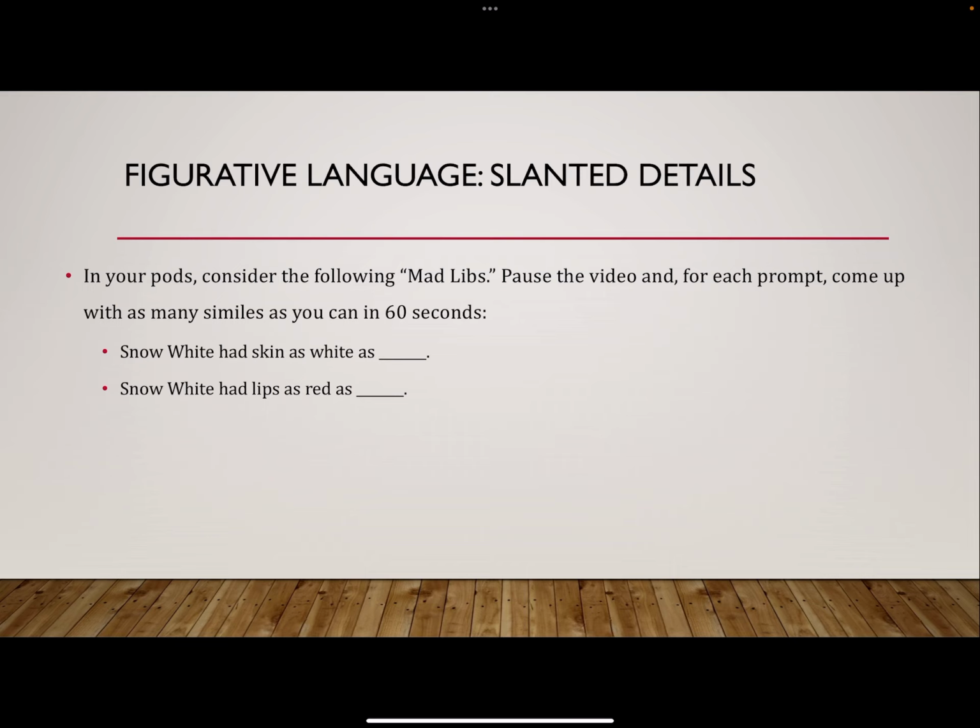So take another 60, brainstorm those. And the last one, hair as black as. Some people have said night. So take about 60 seconds and generate some additional adjectives there. And once you've finished, go ahead and post those to the Canvas assignment.